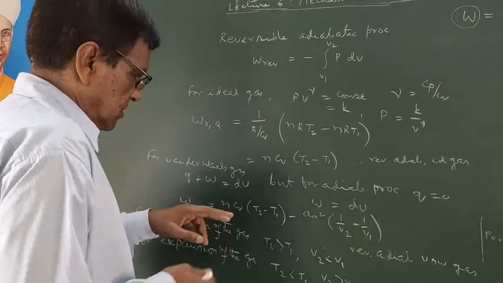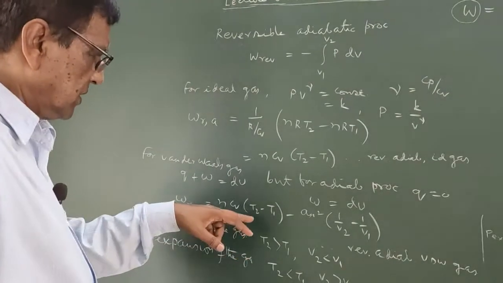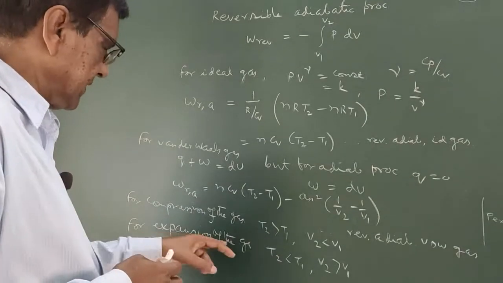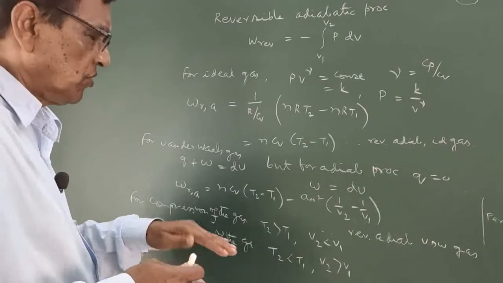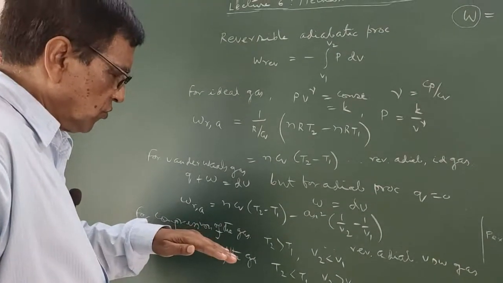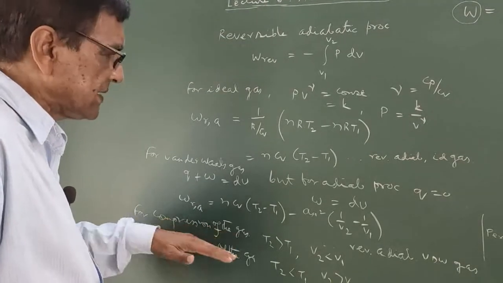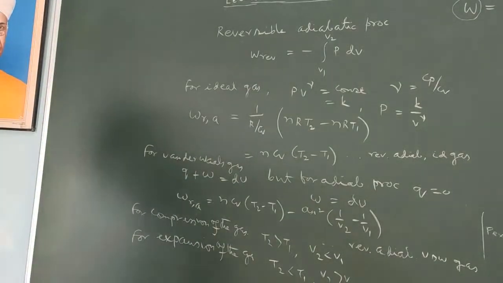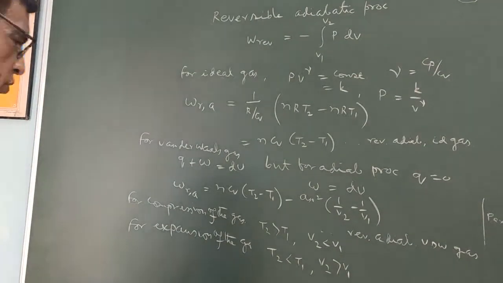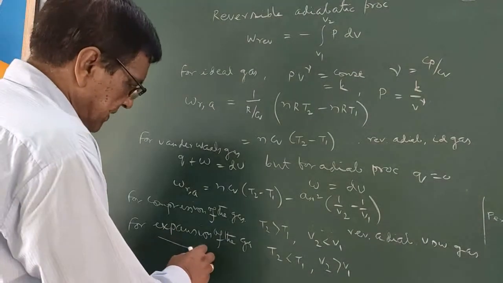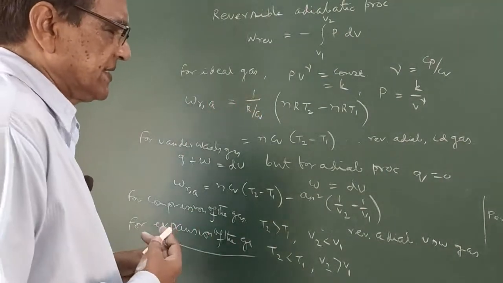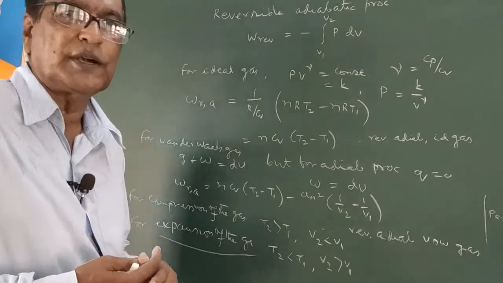So the work done in case of compression is less, less work is required. More work in case of expansion, there is more work required to expand this gas against the intermolecular attraction.